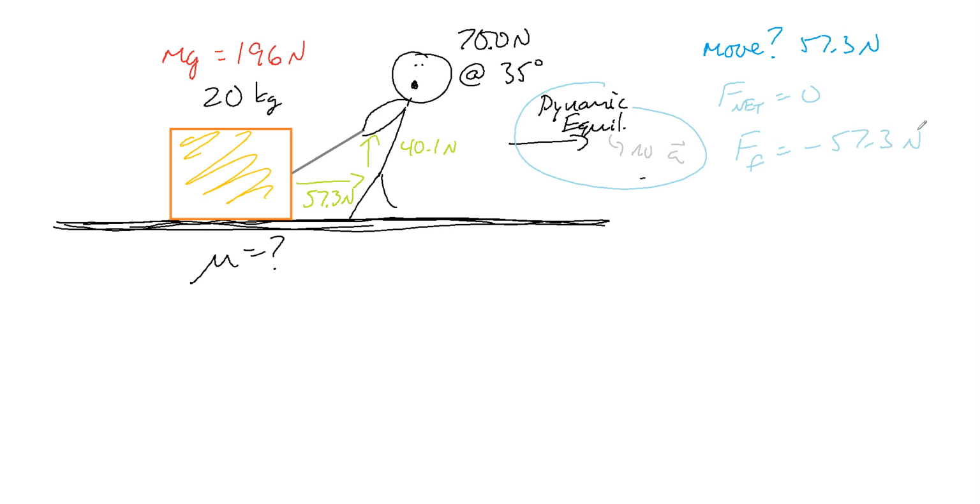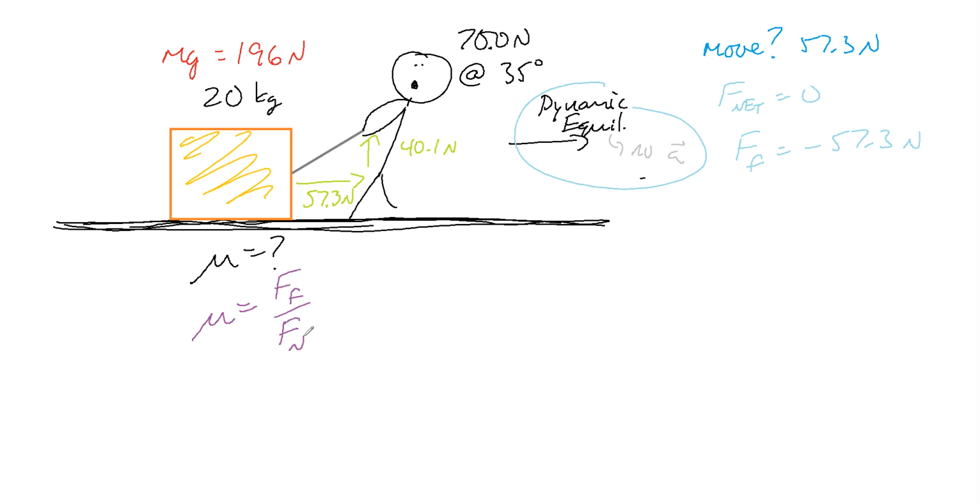Friction must be 57 to cancel it out, which gives me a net force of 0, and this thing can be at equilibrium. Okay, well that's going to come in handy, because if I go back to basics, coefficient of friction is Ff over Fn, and I figured out what my friction must be. Now I just have to figure out what my normal force would be.